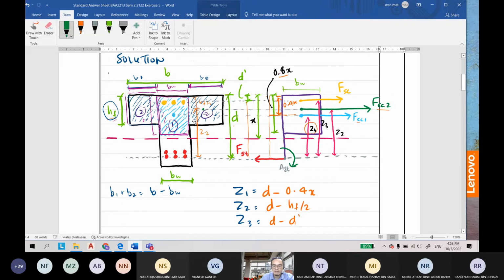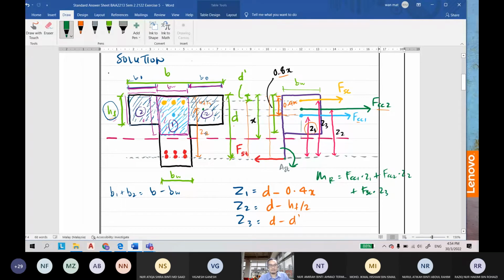Let's say I write down here: moment of resistance around this point is equal to FCC1 times the distance Z1, plus FCC2 times Z2, plus FSC times Z3.